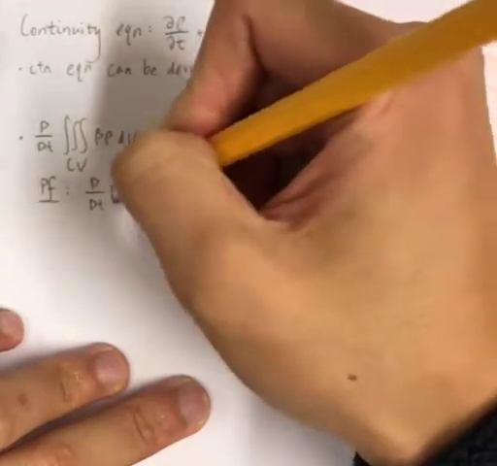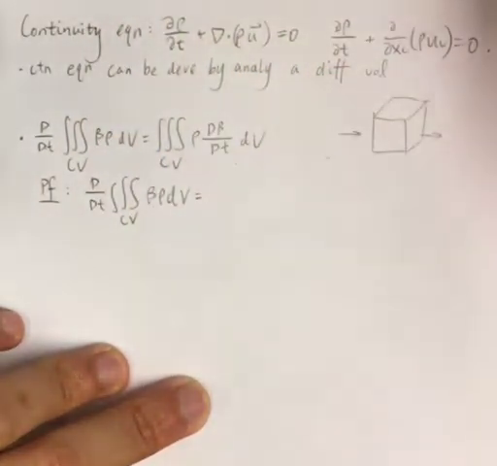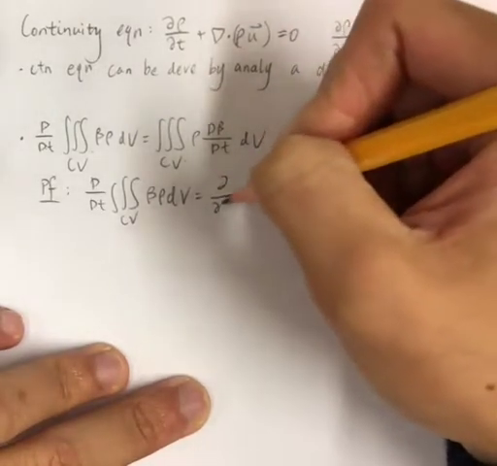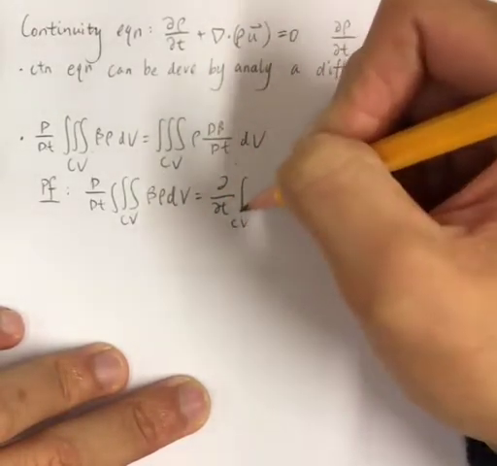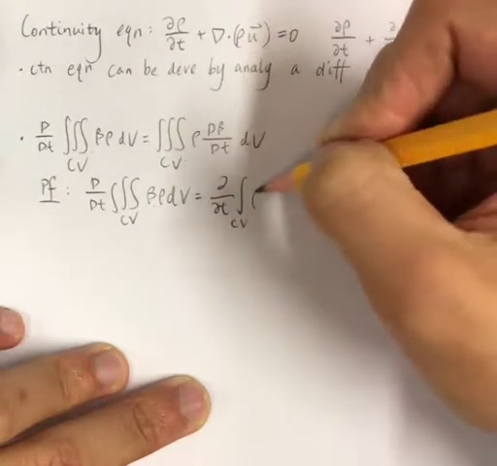D over dt of the left-hand side, according to RTT, is something like this. Let's make our life simpler and just write 1s instead of 3.